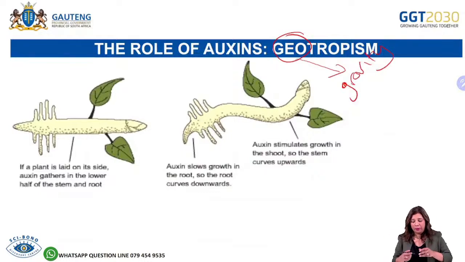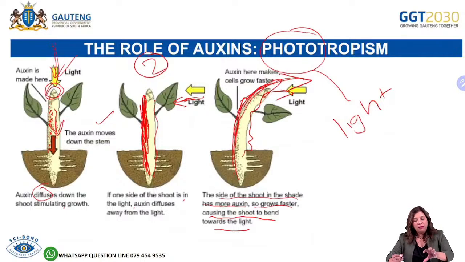So for example, if we go back, let's look at phototropism. There are two types: positive phototropism and negative phototropism. Positive phototropism is when the plant is growing toward the light.